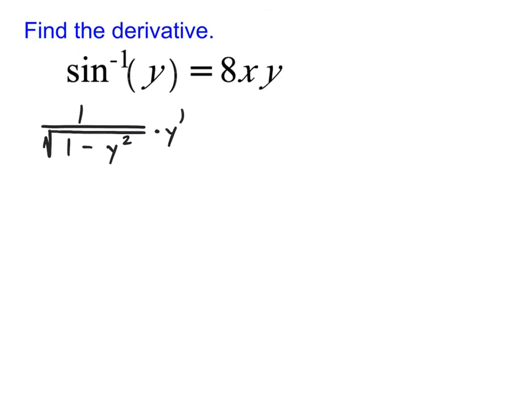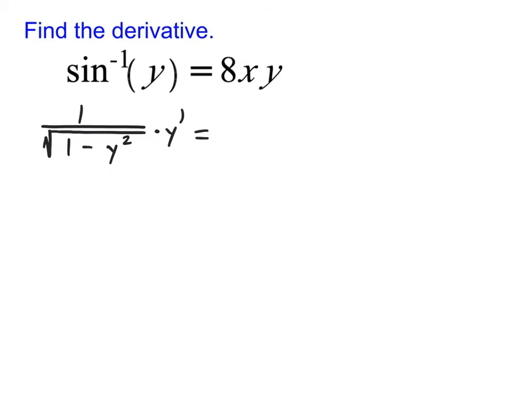If you chose to write that y prime on the top instead of the 1, so you wrote it as y prime over the square root, that's great. All right, and then equals. And now we have to do the derivative on the right-hand side. And what rule do we need to use to find this particular derivative? Yep, product rule. Now, different people look at it different ways. Some people just pull the 8 out, and then they do x times y.